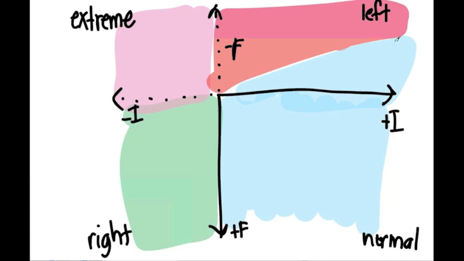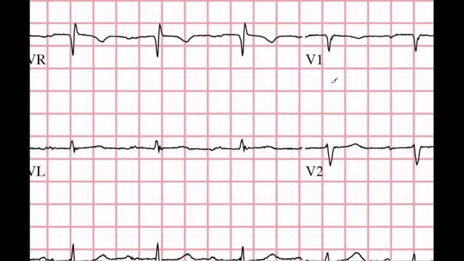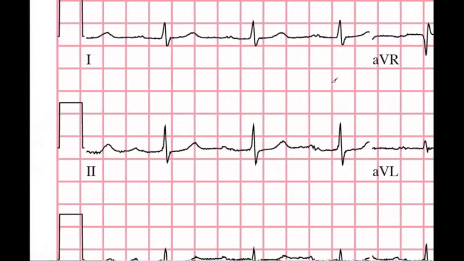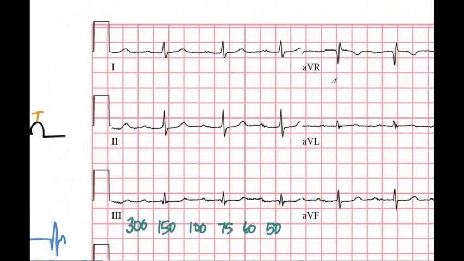Okay, so how do we measure these axes? Let's look at the EKG. Now we decided that we were going to use as our axis system leads 1 and leads F. These are the ones that are going to be 90 degrees to each other. So let's plot some vectors on there. Let's go to 1.